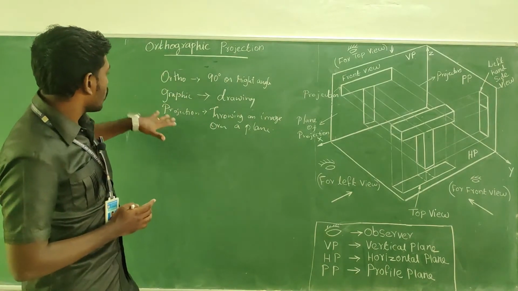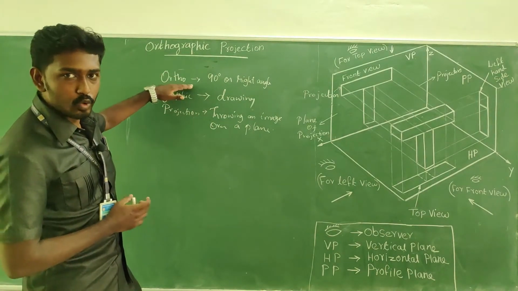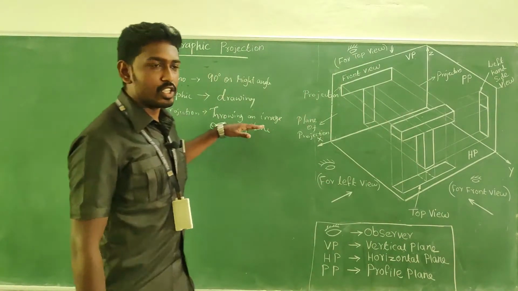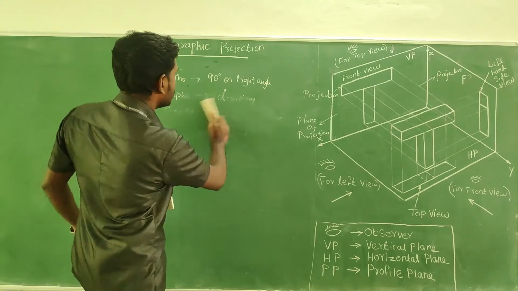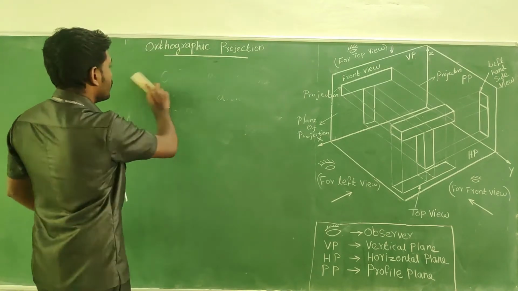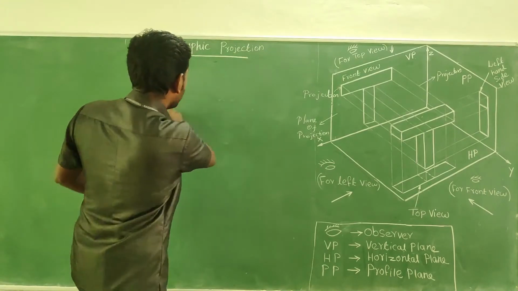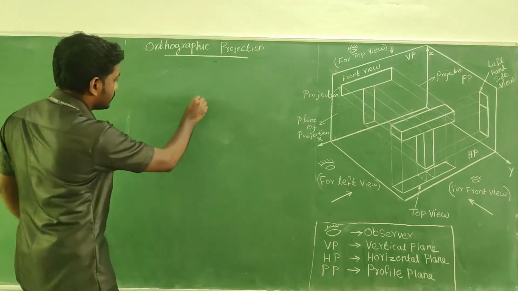Right? So here we are going to deal fully with the 2D object. First of all, let me explain the quadrant system. So I'm going to show the drawing, right?